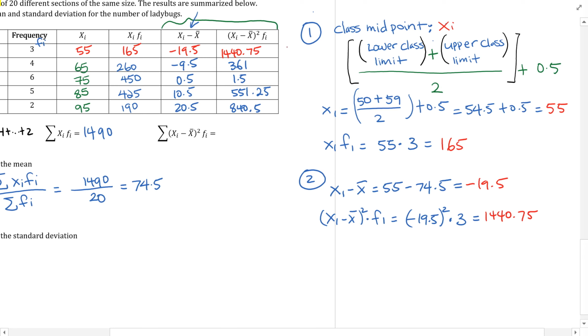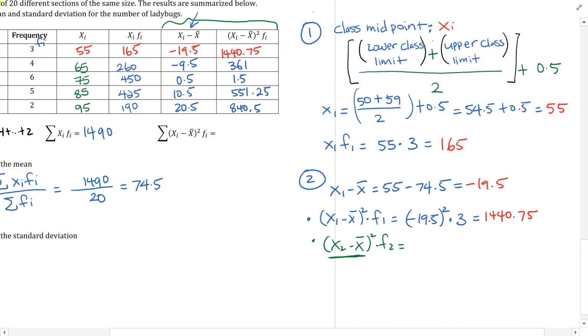For example, if I want x2, let me do one more, just so you get it. So for x2, I would have x2 minus x bar squared times f2. My x2 is 65. I don't need to calculate the whole thing again, because I did it in the previous column, which is x2 minus x bar.